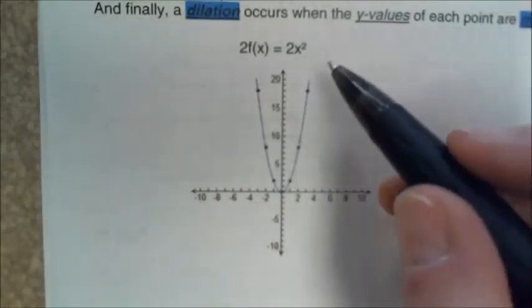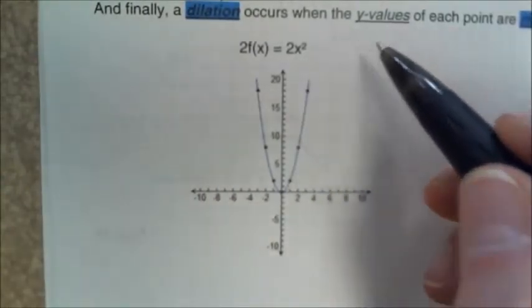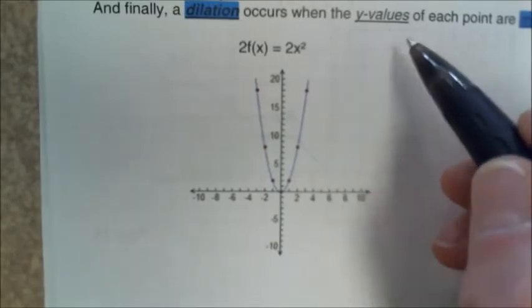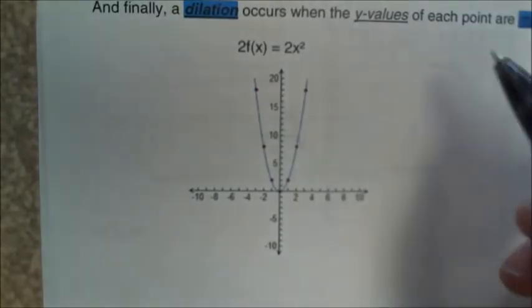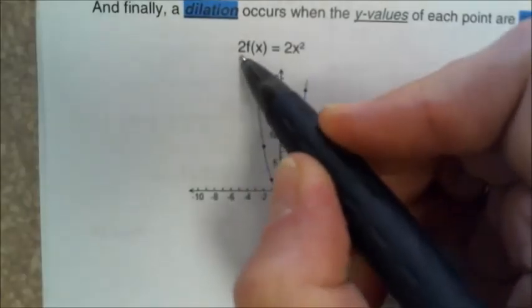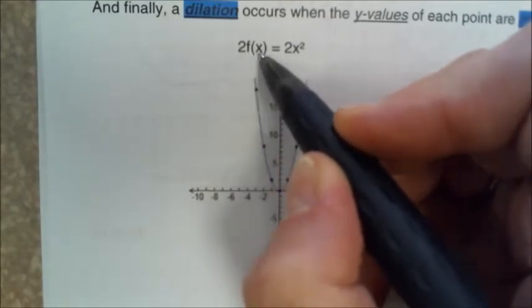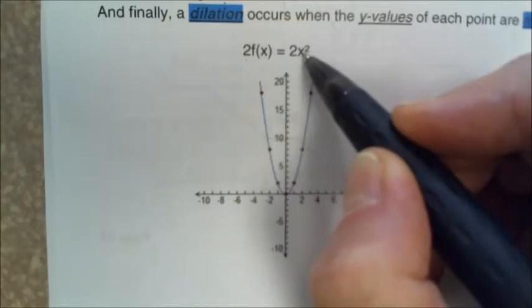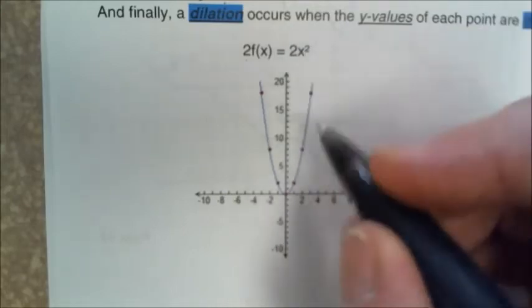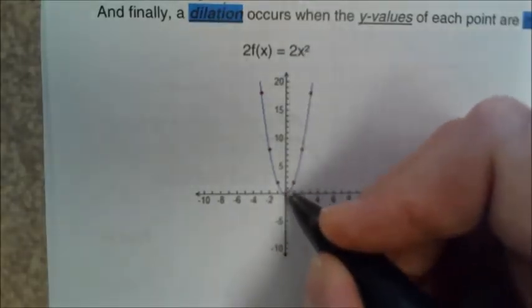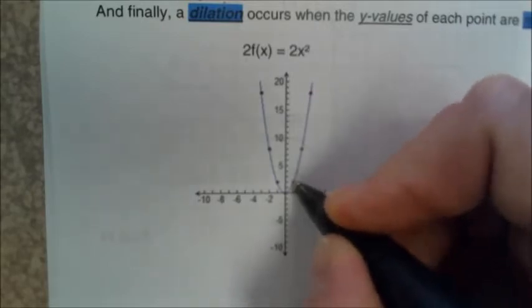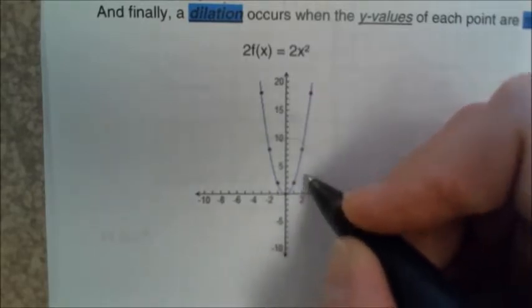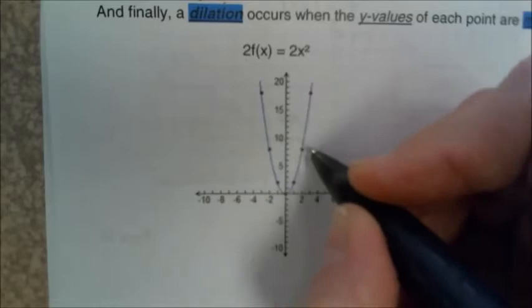And we're going to talk about the dilation when you are multiplying the y values by some constant. So the 2 on the outside, this is like 2y. All you're doing is taking the original parent function and multiplying all the y values by 2. So instead of 1, 1, you get 1, 2. Instead of 2, 4, you're going to get 2, 8.